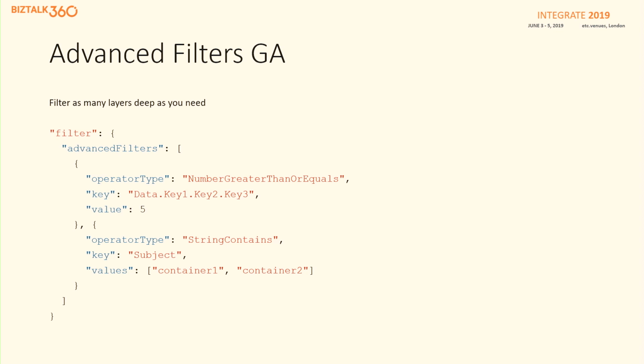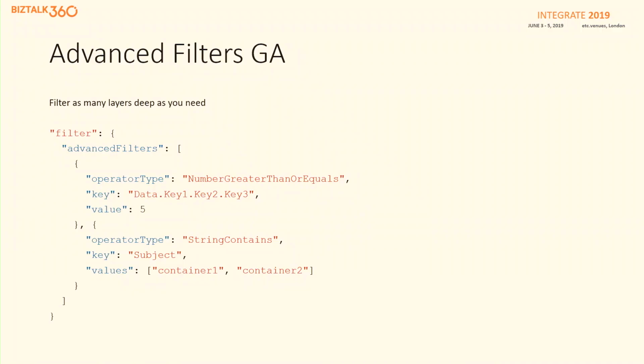Originally, your key could only go up to data.key1. Now you can do as many nested objects as you want. And for those that haven't used it much, we have numerical filters, Boolean and string operators of all sorts. I believe you can have up to 5 different filters, each with 5 different values on any given event subscription.